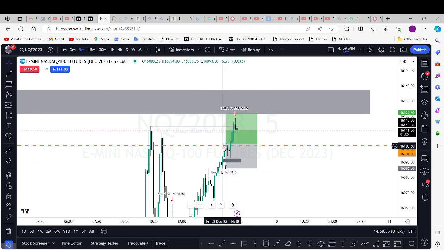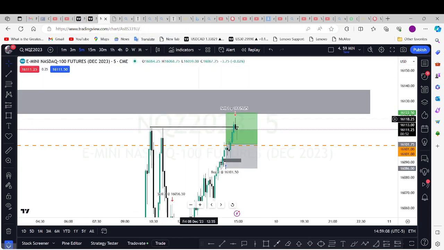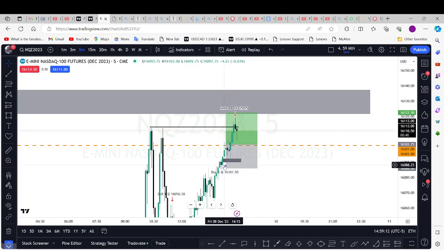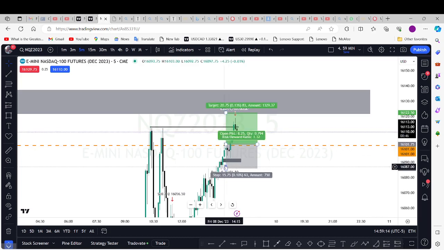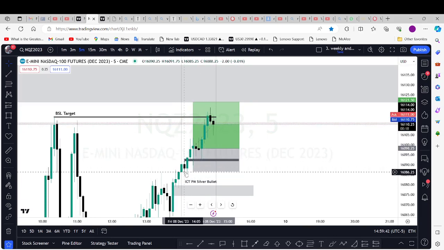The reason why I'm saying this is not ideal is because on an ideal one we went in here, but on this one, because we were late, it's a live one, we went in here. We were supposed to go in on this candle, as it comes to this fair value gap.